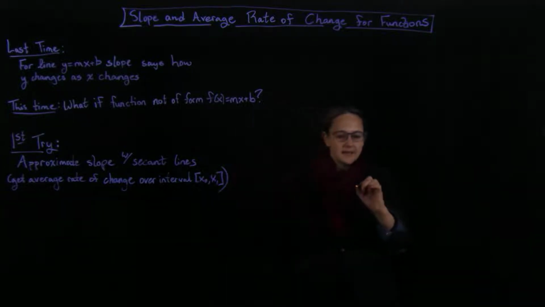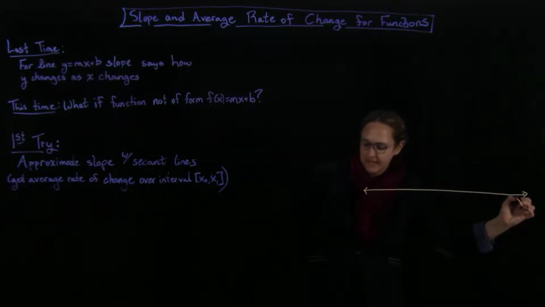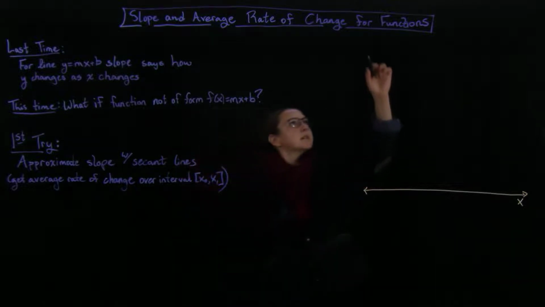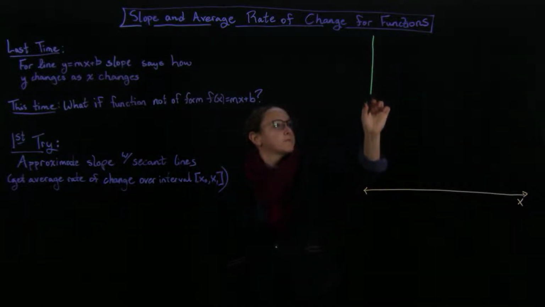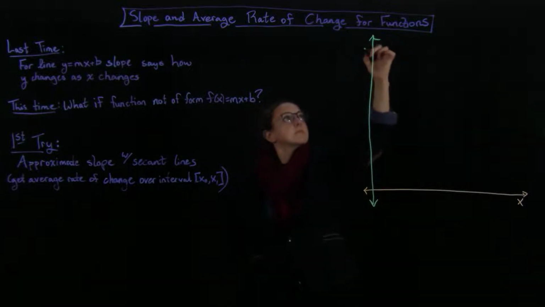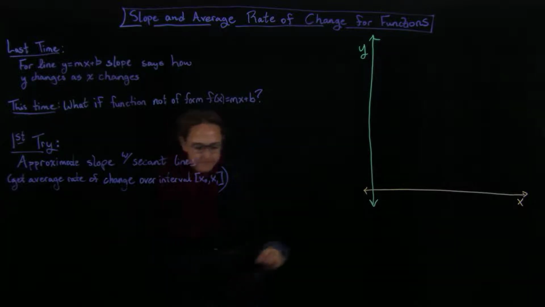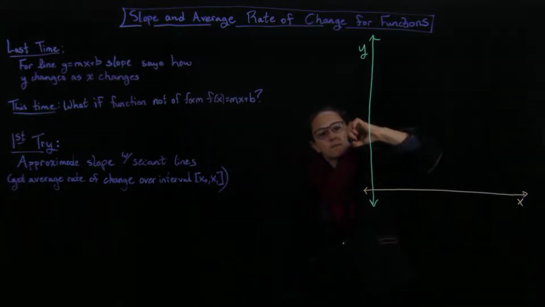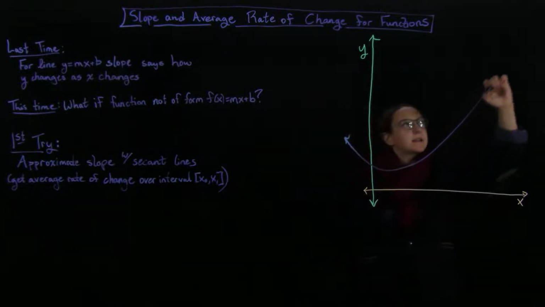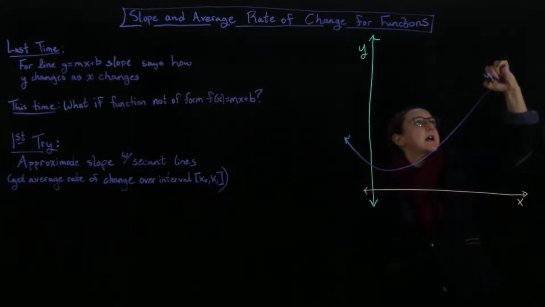So I have an x-axis, and a y-axis, and then I have the graph of some function. Maybe it looks something like this. This is the graph y equals f of x.